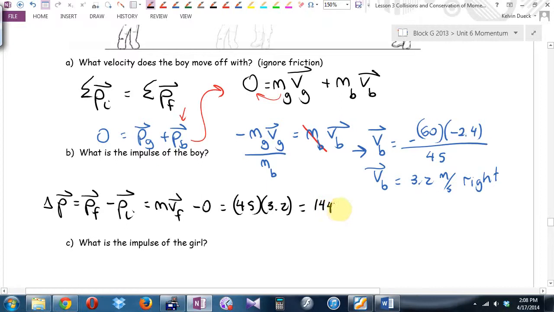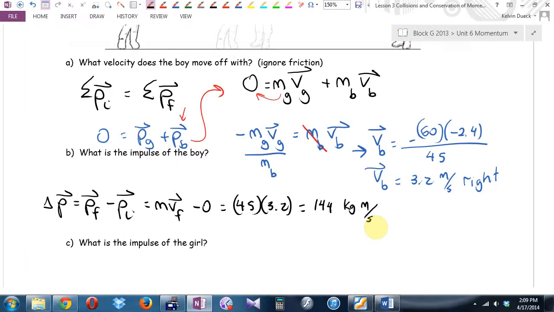I'm on a roll. That's pretty good. Units. Kilogram meters per second. What's the impulse of the girl? I could crunch it. I could go change it. Anything is final minus initial.